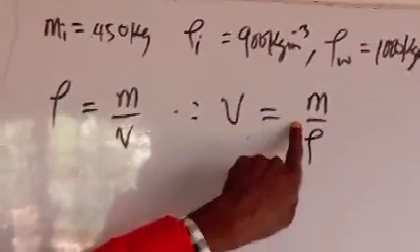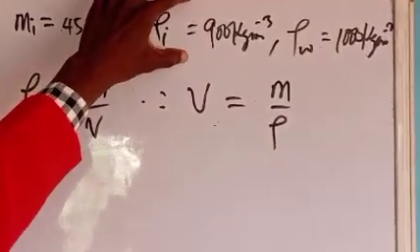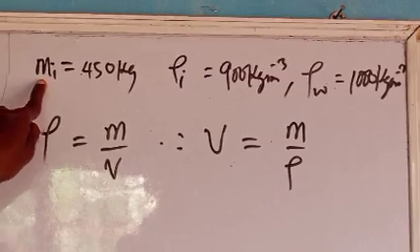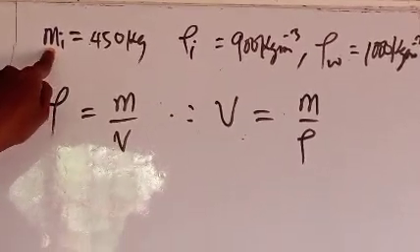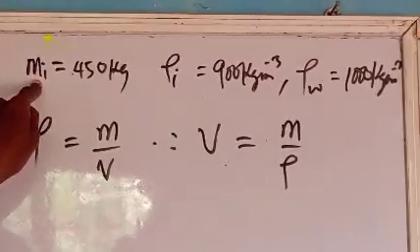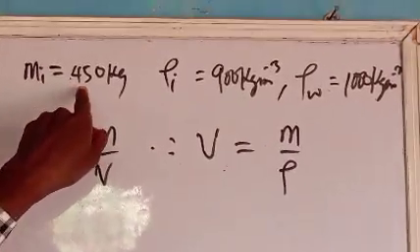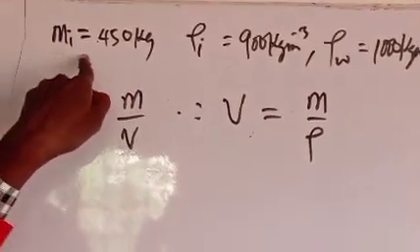So from this formula, remember, the mass of ice is equal to the mass of water, because when the ice melts, the mass remains constant.